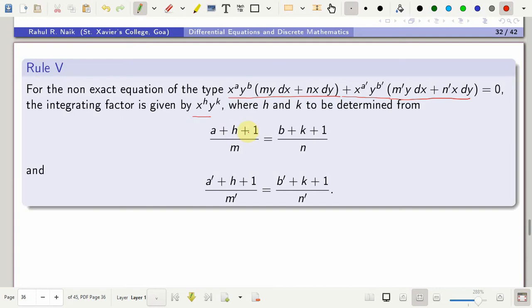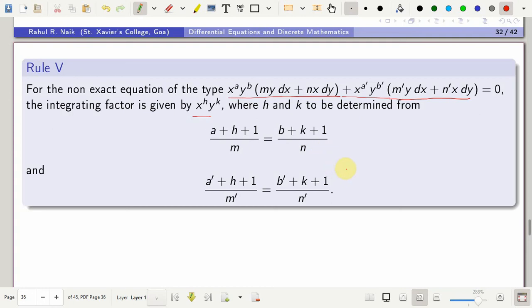So a plus h plus 1 by m is equal to b plus k plus 1 by n, and the other equation is a prime plus h plus 1 by m prime is equal to b prime plus k plus 1 by n prime. These two equations have unknowns h and k, which we need to determine by solving them.